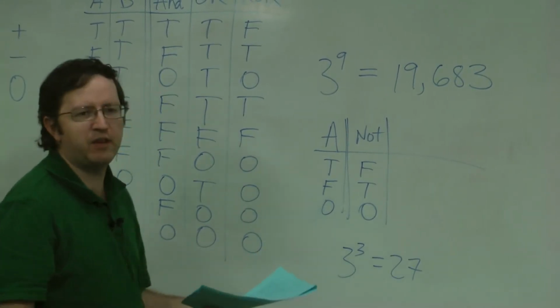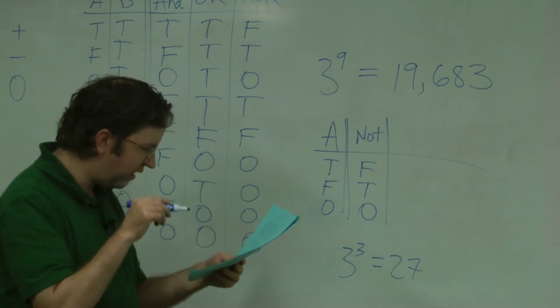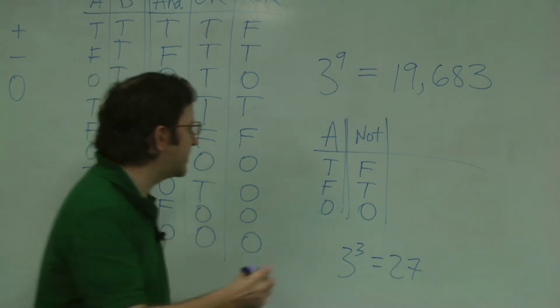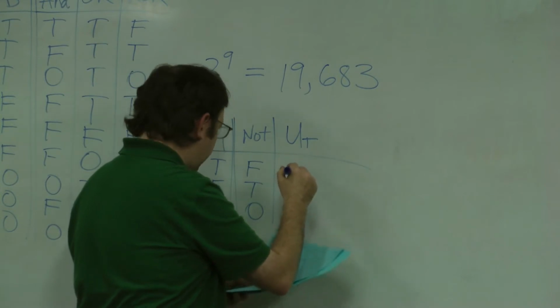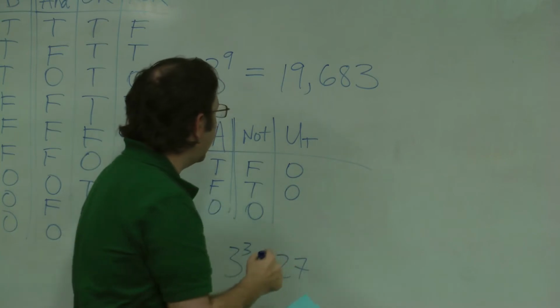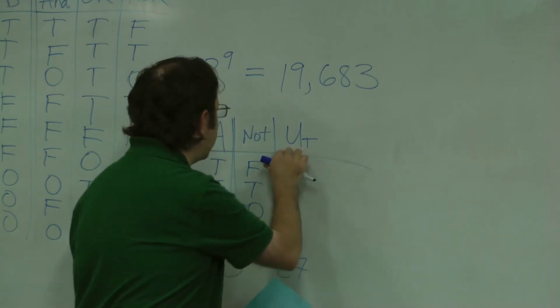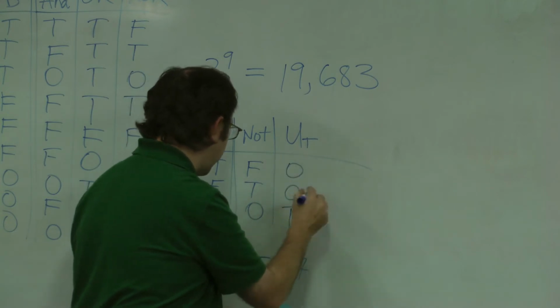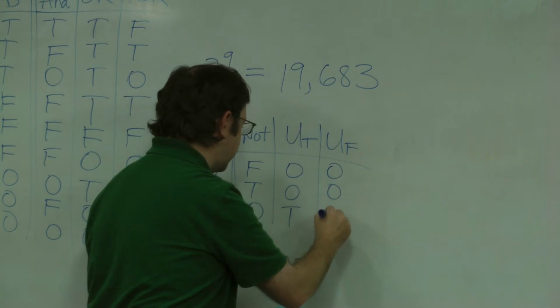And so, in order to be able to generate everything in ternary logic, you have to have another function. One possible function is something I call uncertainty to true, or you could have an uncertainty to false.